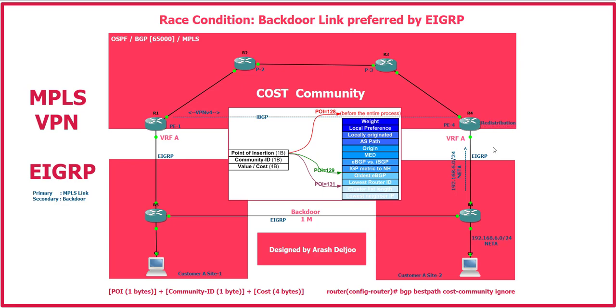And after configuring the redistribution from EIGRP to BGP and also from BGP to EIGRP, first EIGRP routes should be injected into BGP, and BGP should convert this update to VPNv4, and after that it should advertise to the neighbor. For example, Net A now can be advertised to router 1 because we have an IBGP neighborship between router 4 and router 1.